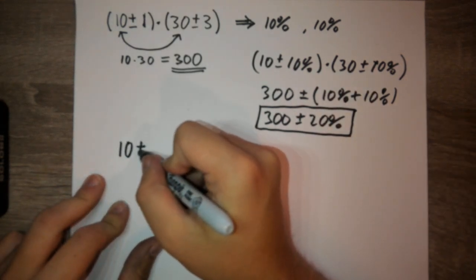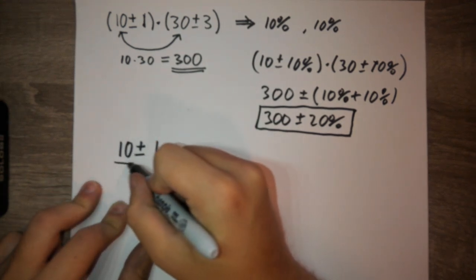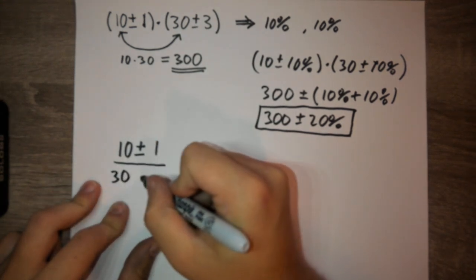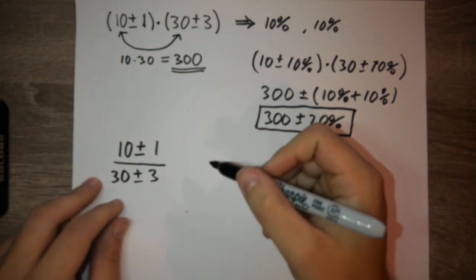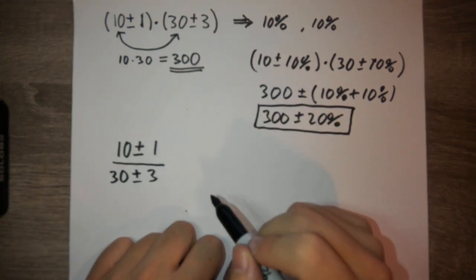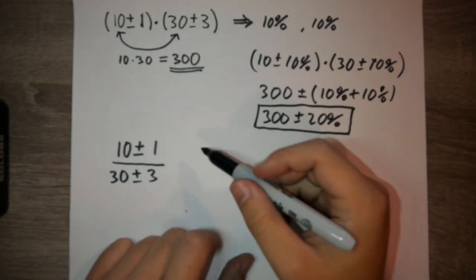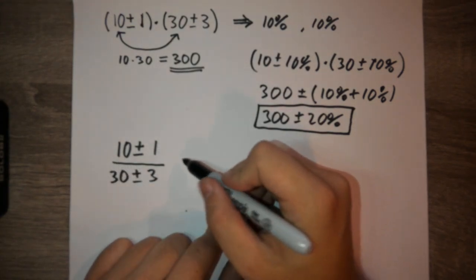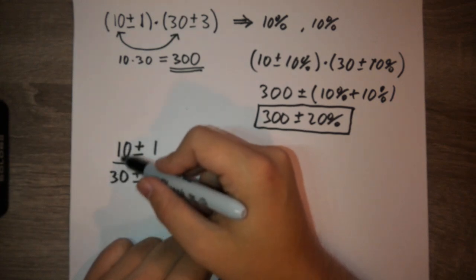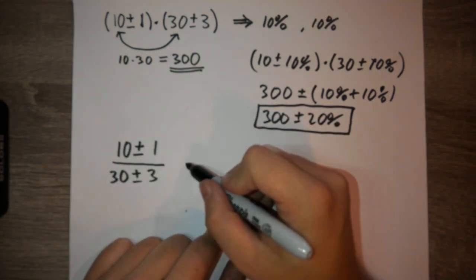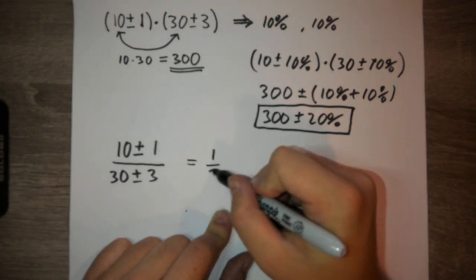Let's do the same numbers, 10 plus or minus 1, and let's divide by 30 plus or minus 3. So in this case, we have the same thing, except we divide. So we can divide the actual values, so that would just be 1/3.